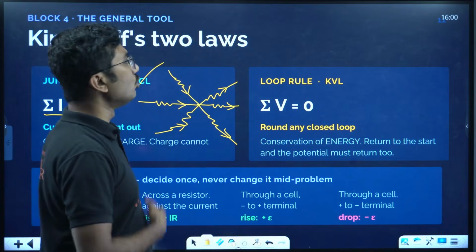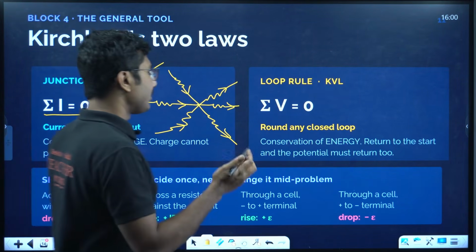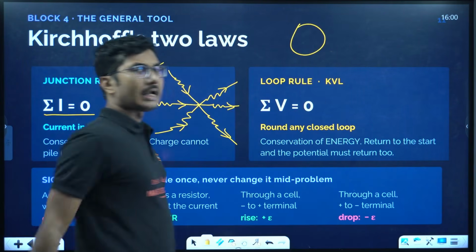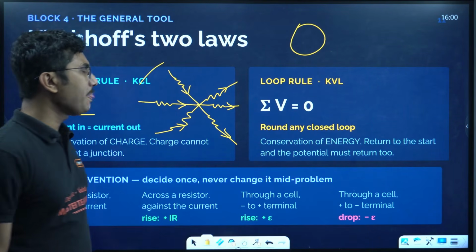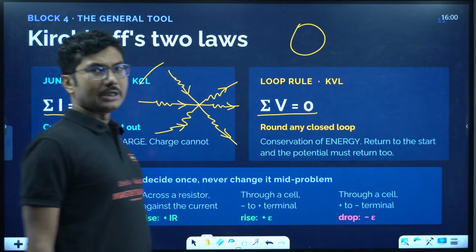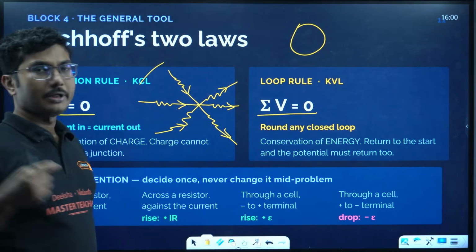Now what about the loop rule? The loop rule can be explained in two ways. One is that if you go around a complete loop, the starting point and ending point have to be the same. So by the loop rule, the sum of V must be equal to 0. The sum of potentials around any closed loop must be 0.